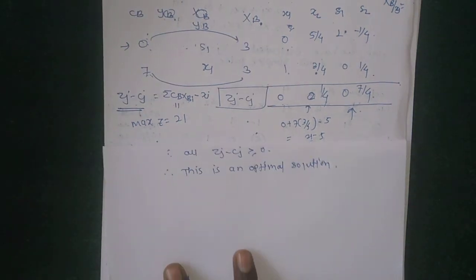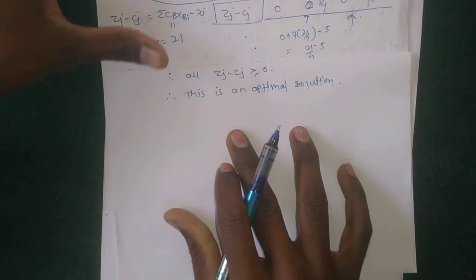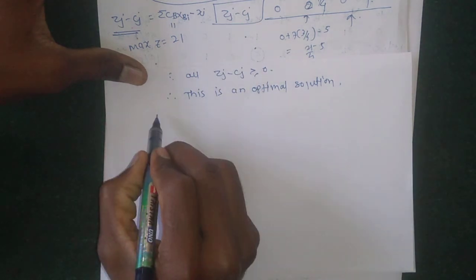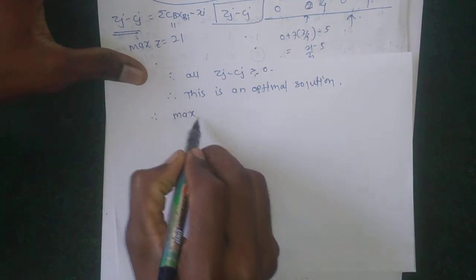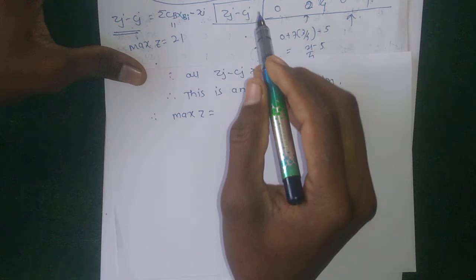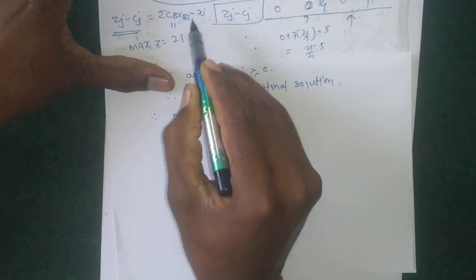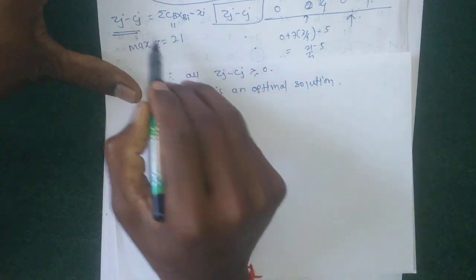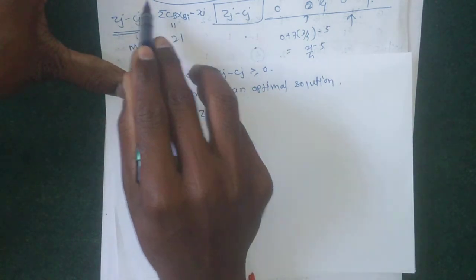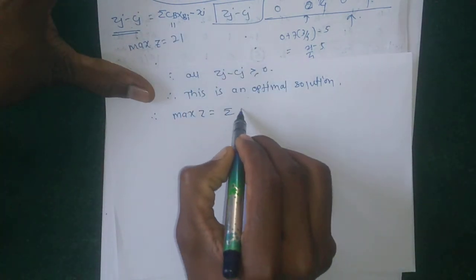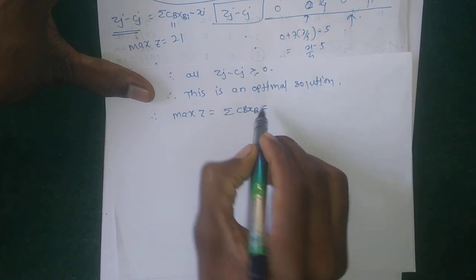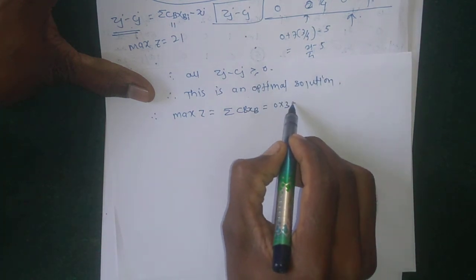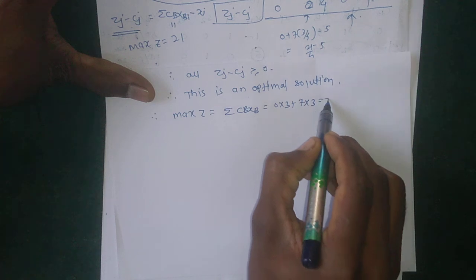Therefore maximum z is equal to summation of cb into xb, which is equal to 0 into 3 plus 7 into 3 is equal to 21.